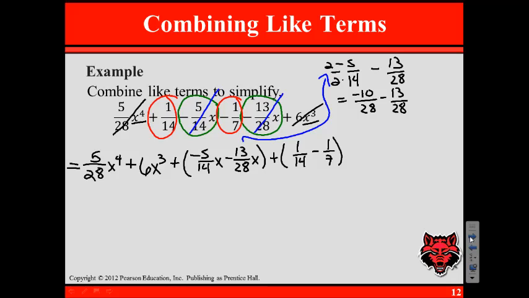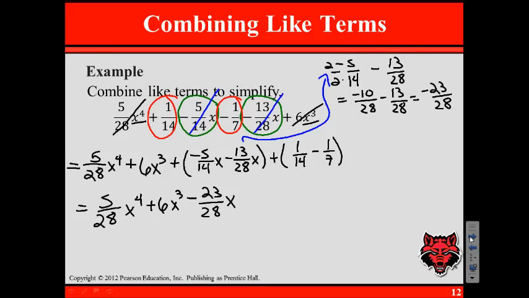When we combine those, that will become negative 23 over 28. So as we go back to the problem, we rewrite 5 over 28x to the 4th plus 6x cubed minus 23 over 28x.